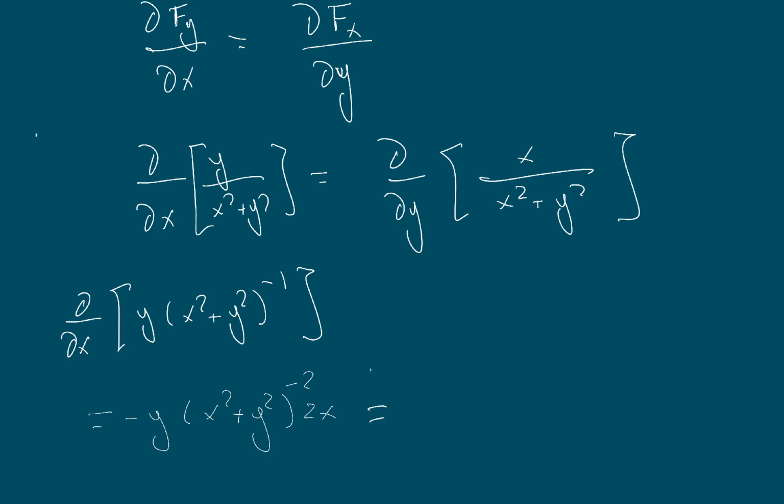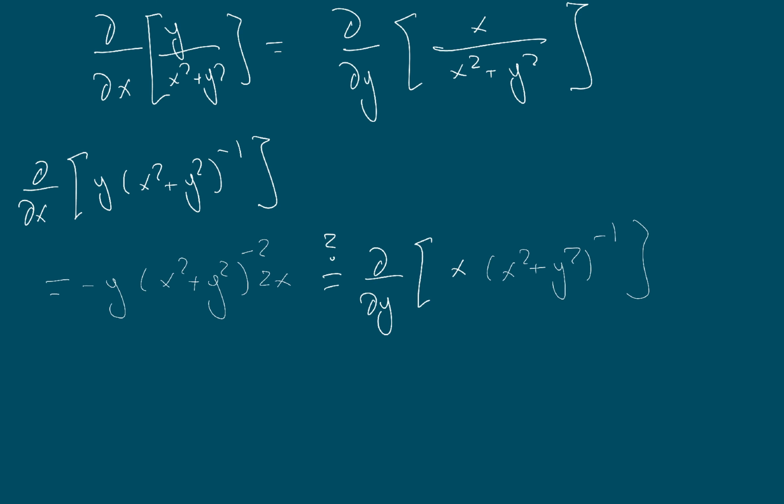Let's see if this is equal to the partial derivative with respect to y of x multiplied by (x squared plus y squared) to the minus 1. The partial derivative with respect to y is x times minus (x squared plus y squared) to the minus 2.